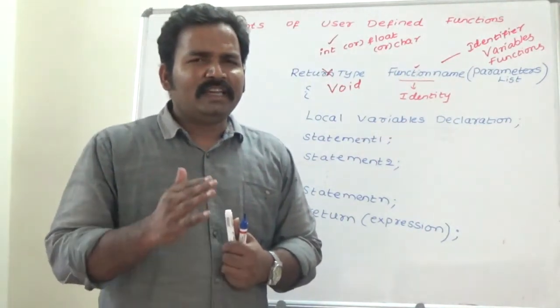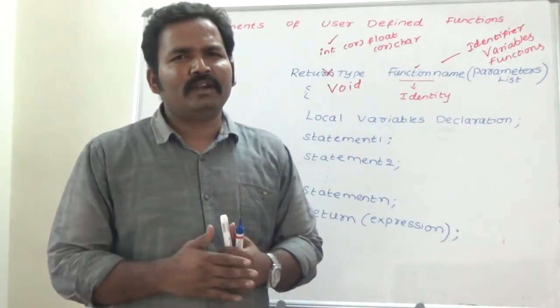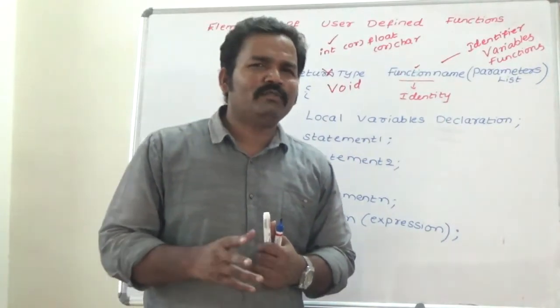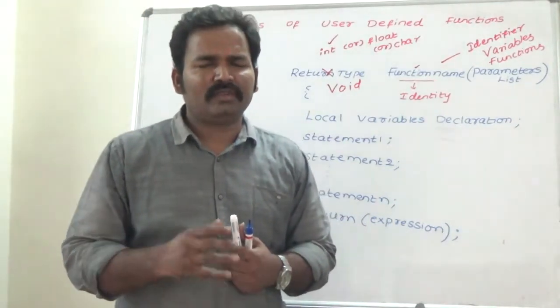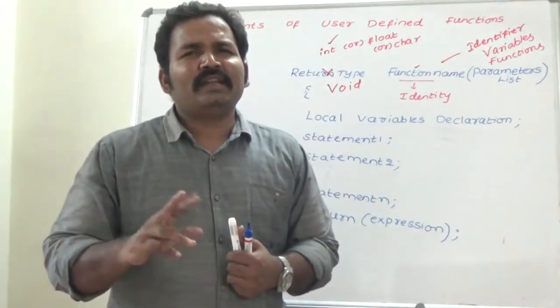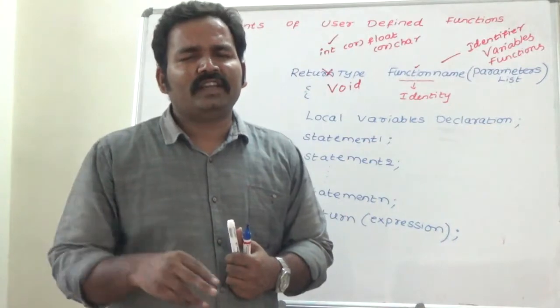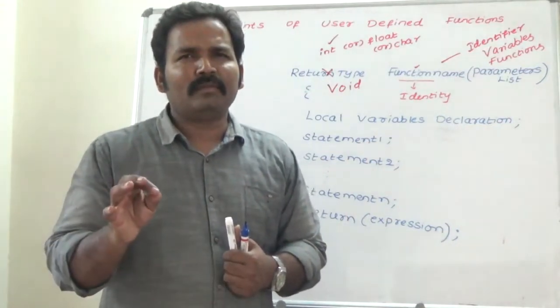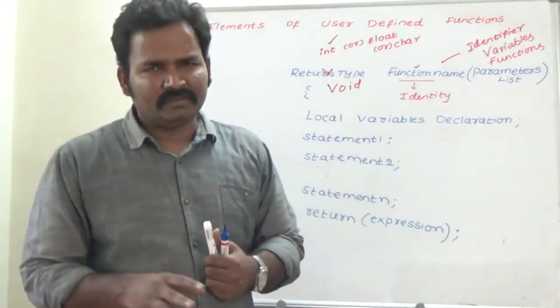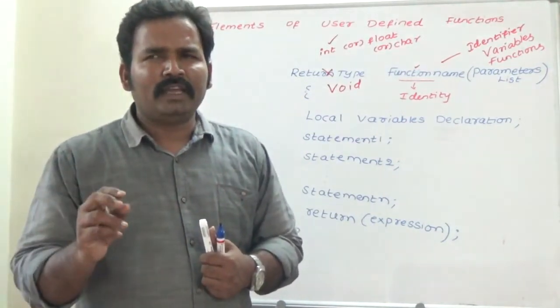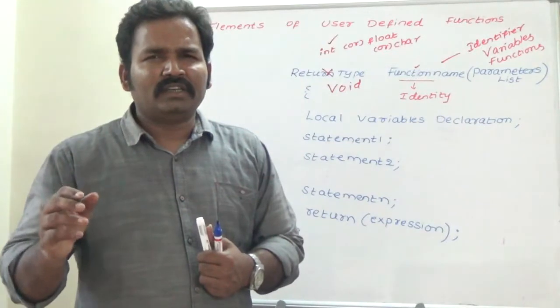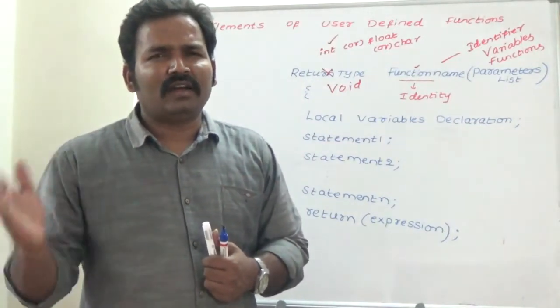Next, keywords are not used as variable names. There are 32 keywords available. Next, uppercase and lowercase of letters are significant. Next, variable name must not begin with a digit. It must begin with either alphabet or underscore.